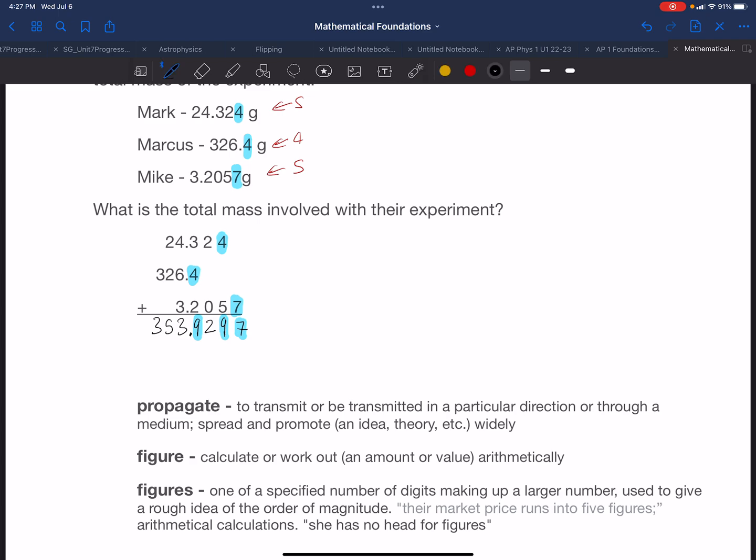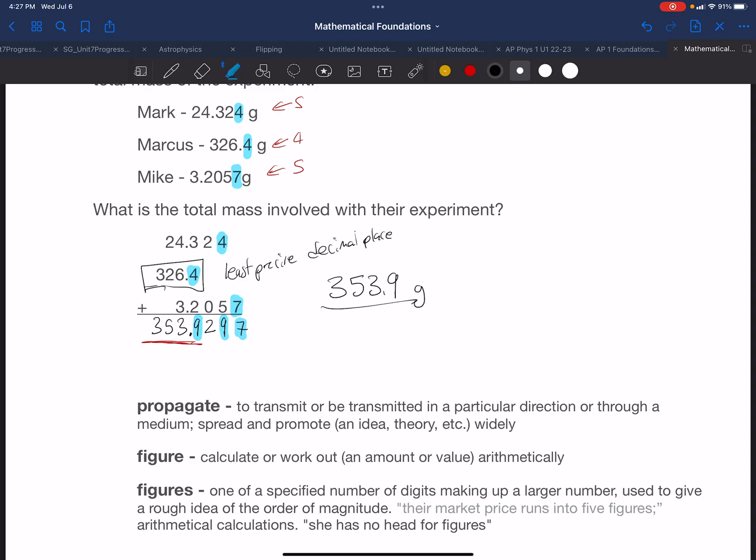So in the end, the number a scientist reports as the total mass is 353.9 grams. And what we can then see is that this number, which had the least precise decimal place, determines the decimal place of the final answer.